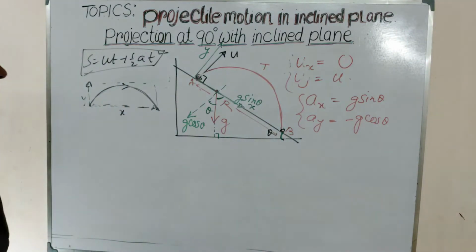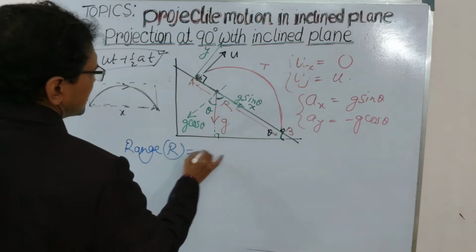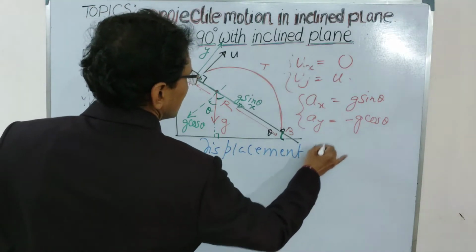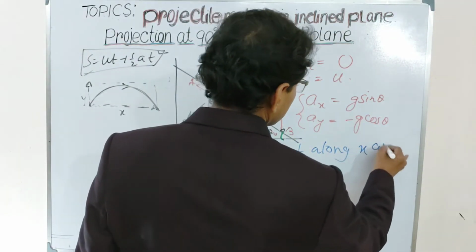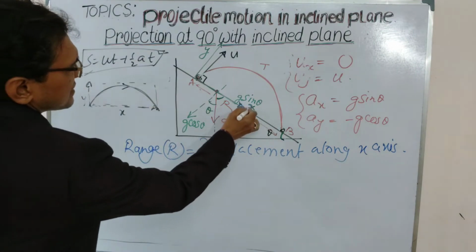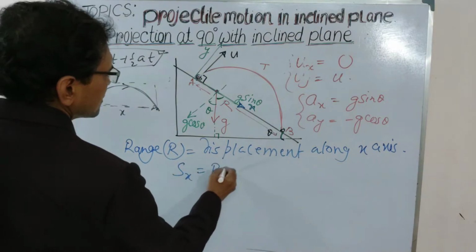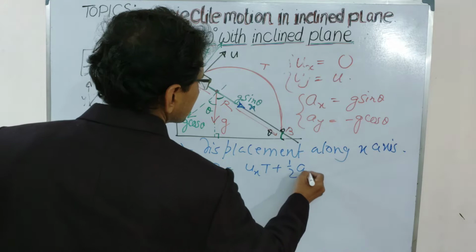Now what is the range? The range is the displacement along the x axis, because we take the x axis here. So displacement along the x axis, sx equal to R, is ux t plus half ax t squared.